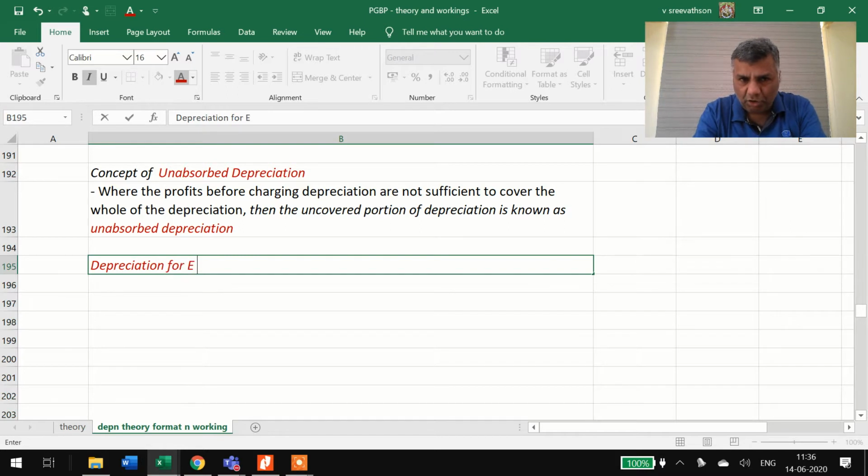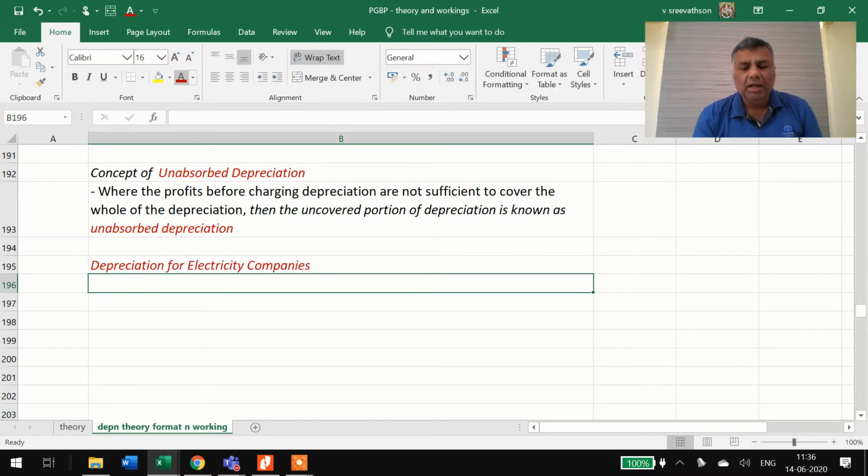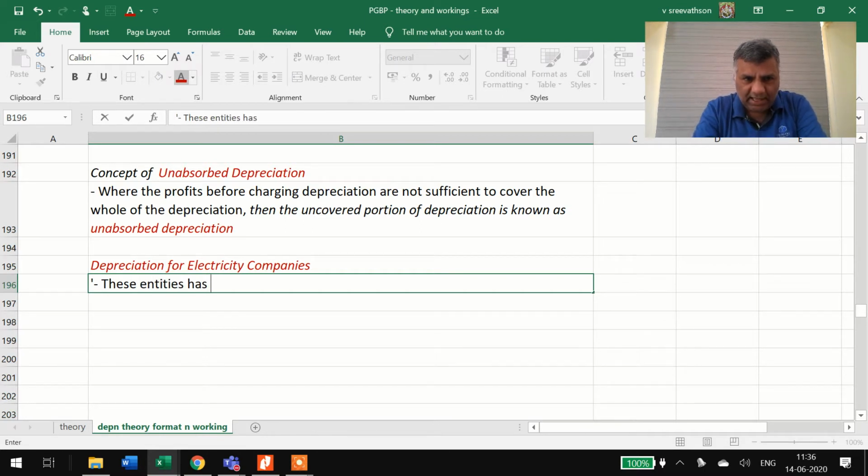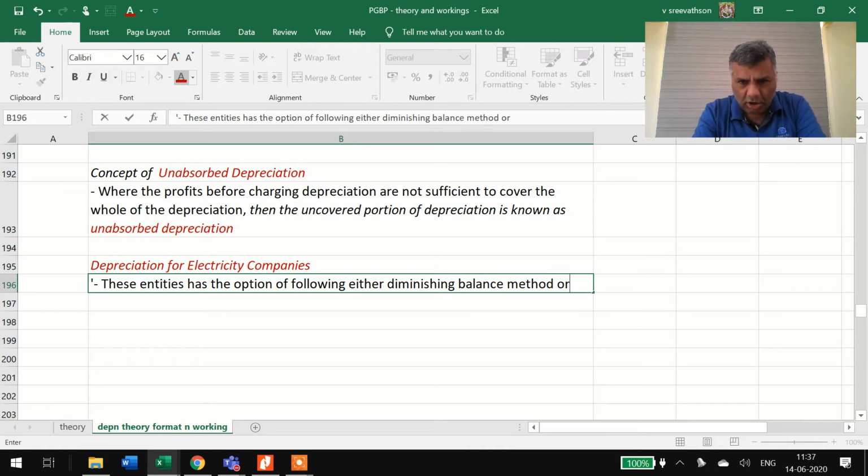Depreciation for electricity companies, generation of power. These entities have the option of following either the diminishing balance method or the straight line method.